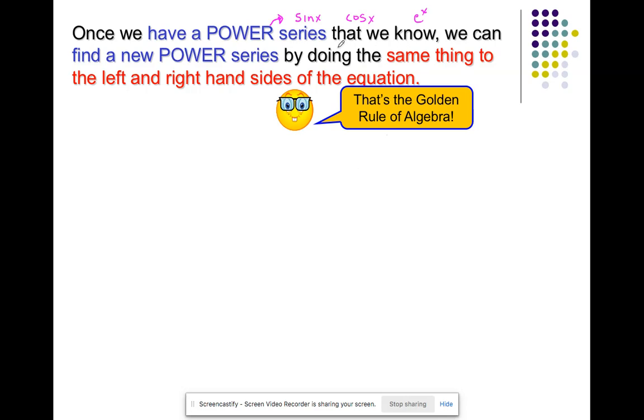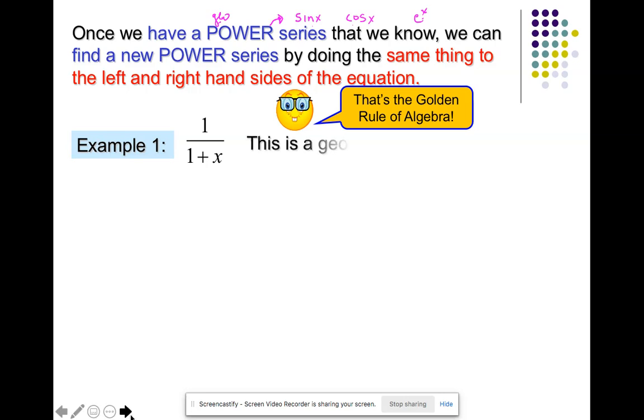Along with our geometric that we did before, if you remember how to build any geometric power series, and you remember what sine, cosine, and e look like without having to build it from scratch, we are going to build new power series that are combinations of these without building and using Maclaurin or Taylor.